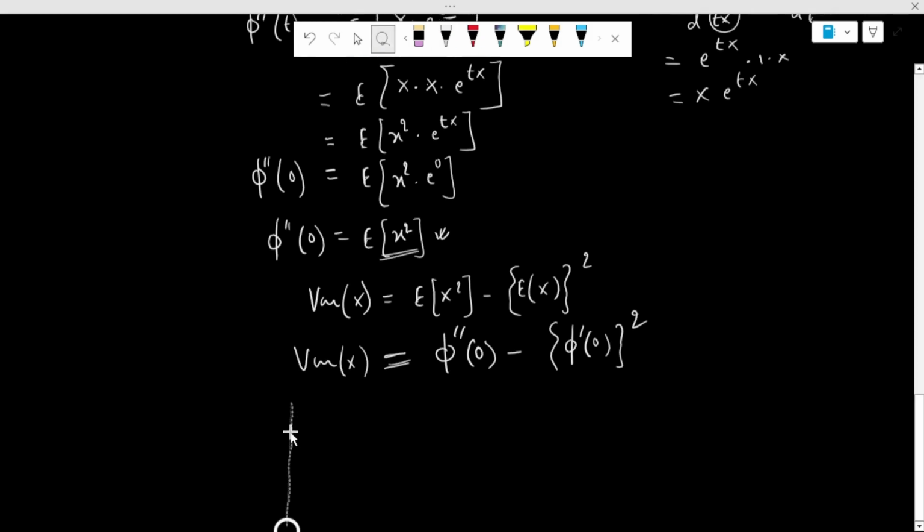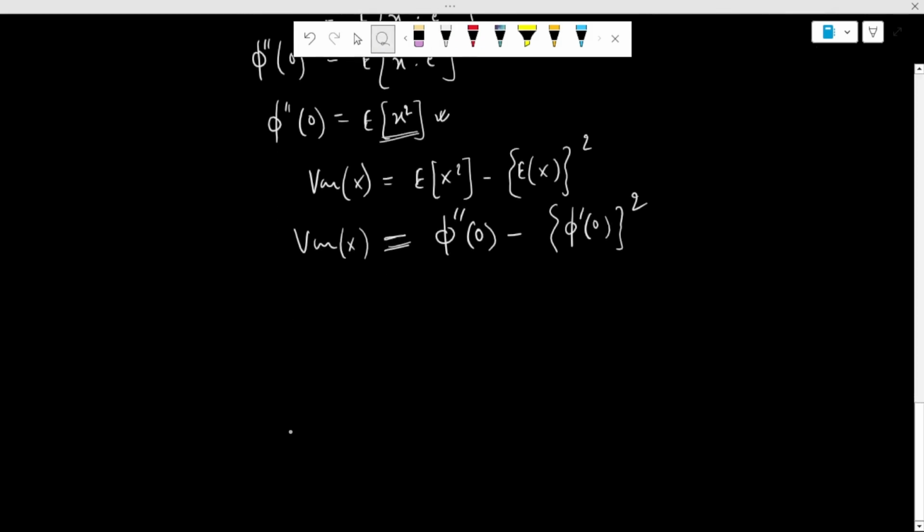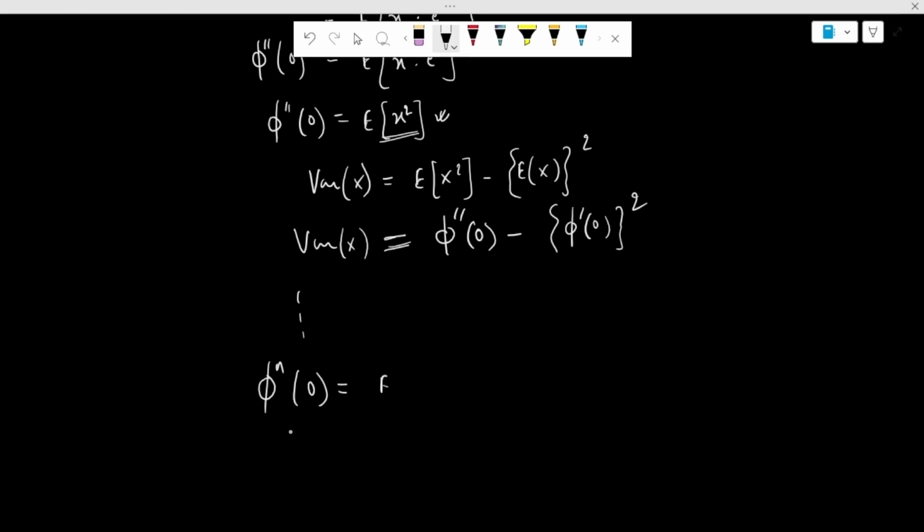If we follow this process, then we see that the nth order derivative of a moment generating function, when evaluated at 0, is going to give us the nth moment of that random variable. So we see that the moment generating function has some sort of one-to-one correspondence with the distribution of x.